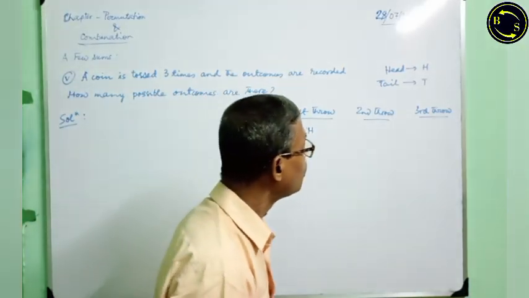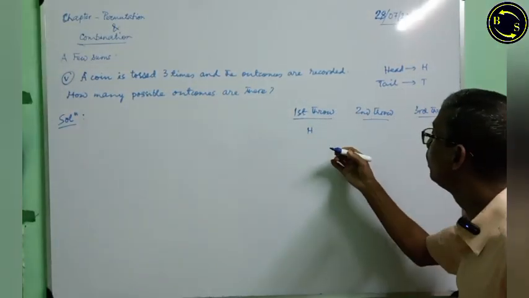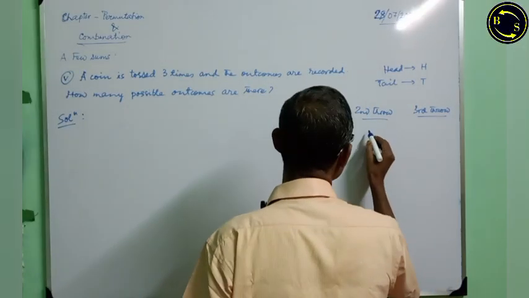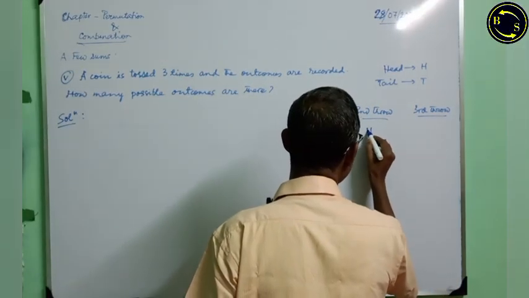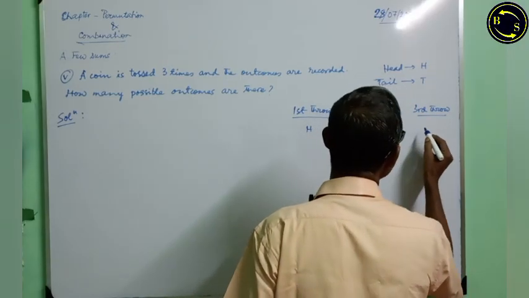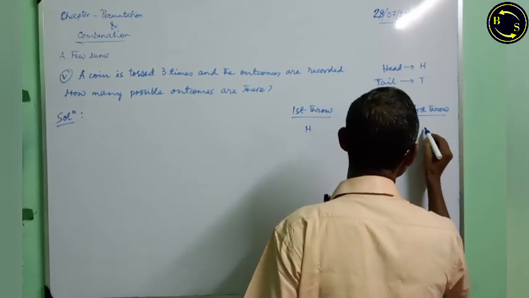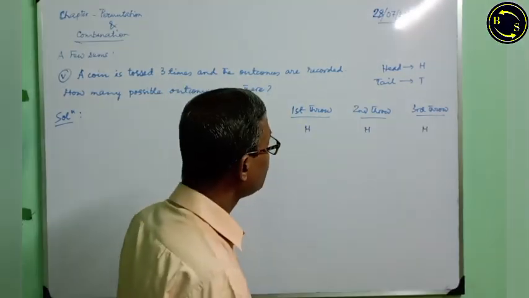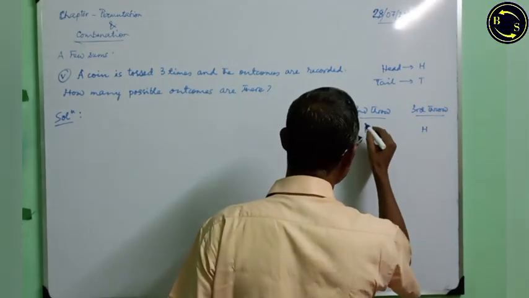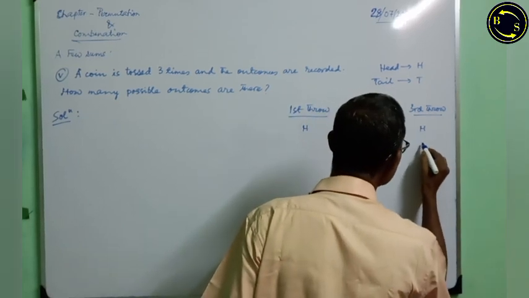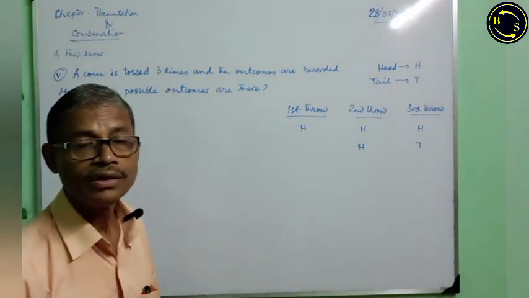Now, in the second row, we shall get head, and in the corresponding third row it may be head. For head in the second row, in the third row we may get tail.